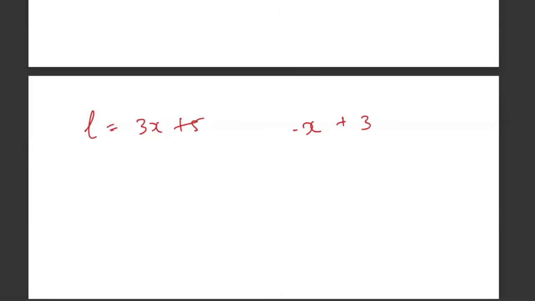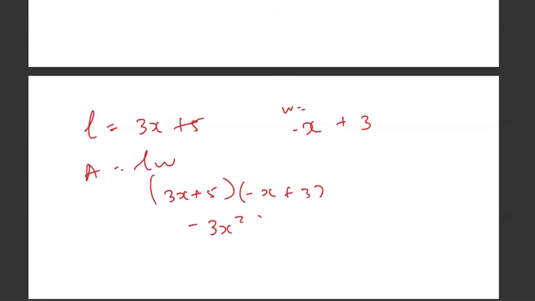Okay, so let's multiply this to get the area, because we know that area is length times the width. So that's going to be minus 3x squared plus 9x minus 5x plus a 15. Simplify this, which is going to be a 4x plus 15.